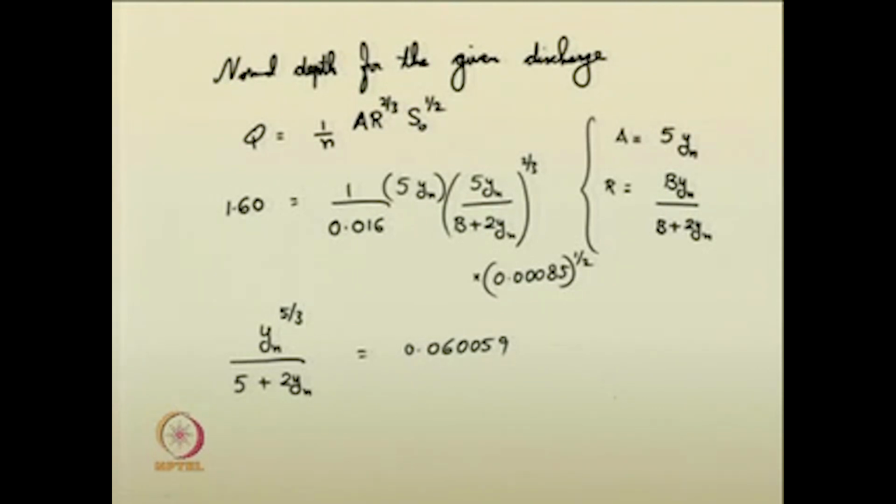Just for your benefit, this is the width of the channel, of course, B is equal to pi, you know that. So, you just substitute pi there. So, 0.06. Now, in this nonlinear equation, you have to adopt the trial and error procedure to obtain the exact value of y n.